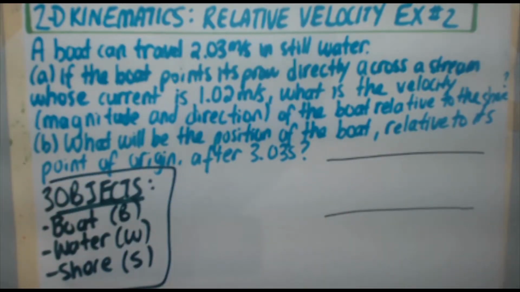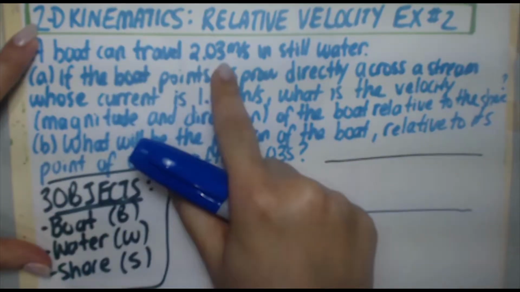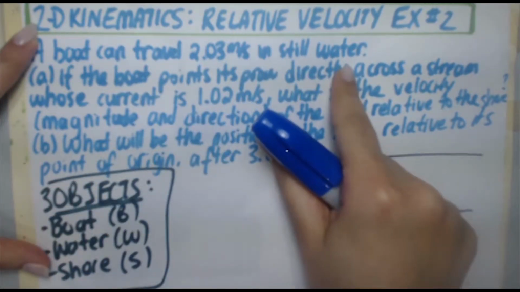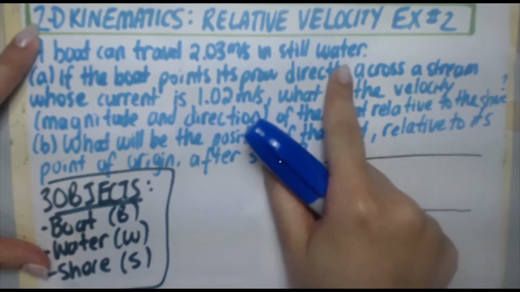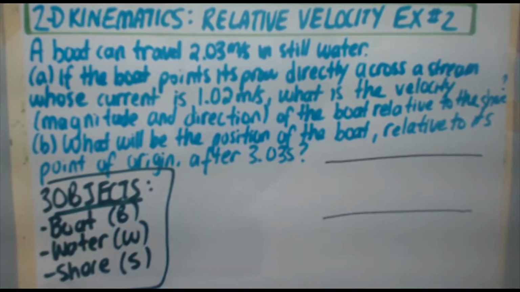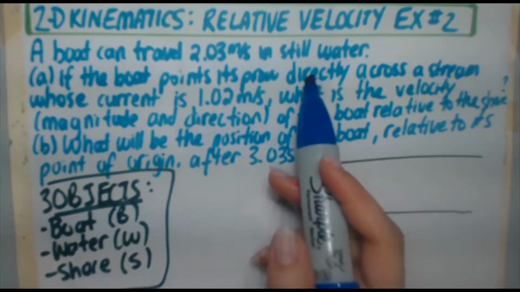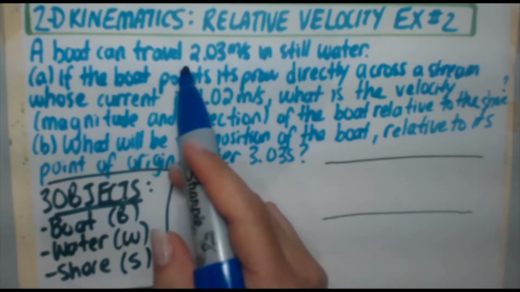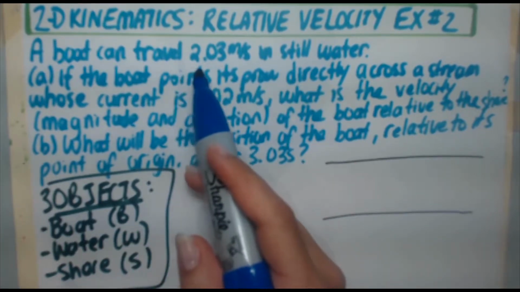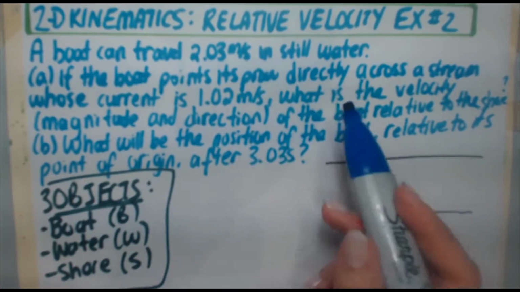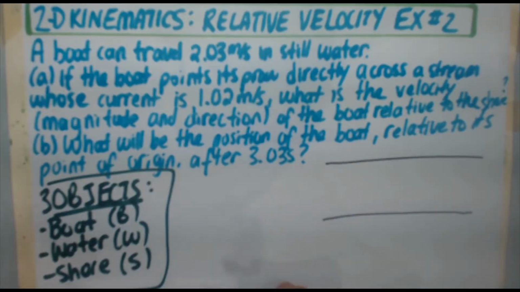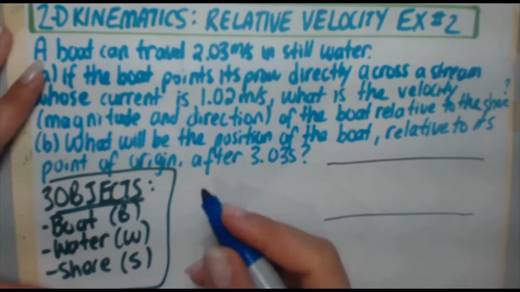Okay, now in terms of what we're given, a boat can travel 2.03 meters per second in still water. You'll notice that in the previous video, number 48, we were told the boat's moving relative to the water. But in this question, they don't use that language, but you have to understand that the boat traveling 2.03 meters per second in still water means that's the velocity of the boat relative to the water.